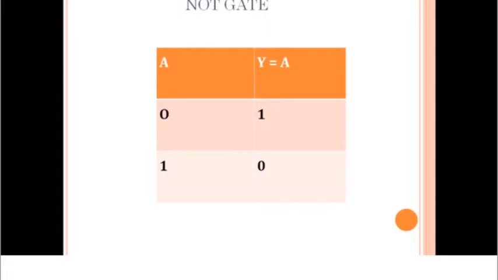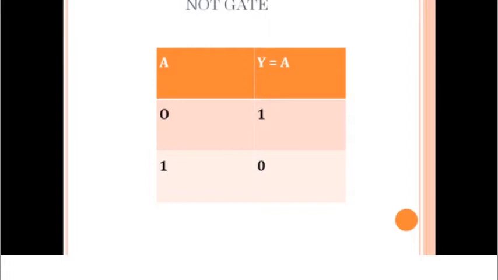If you look at y equals A, there is a bar on it telling us it is not A. In this case, it's always having 2 rows, since it's just one variable input. You cannot have A and B for a NOT gate. You can only have A.